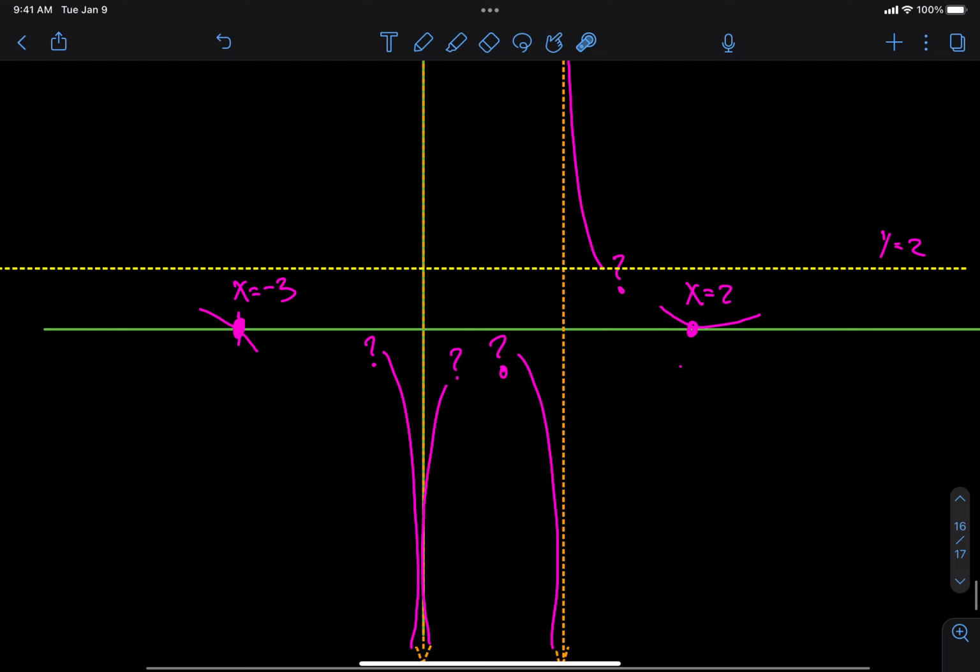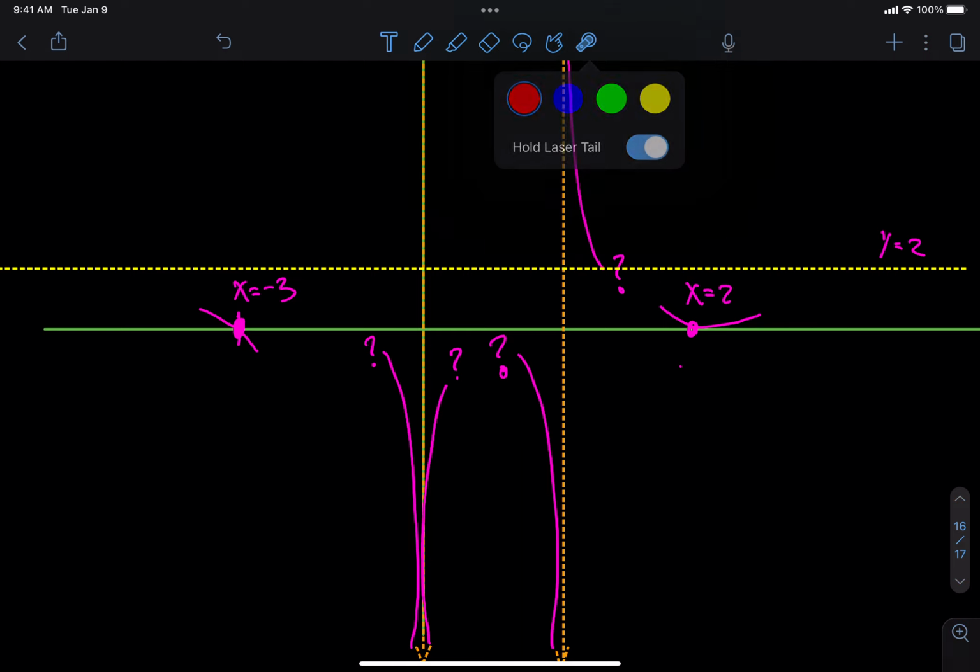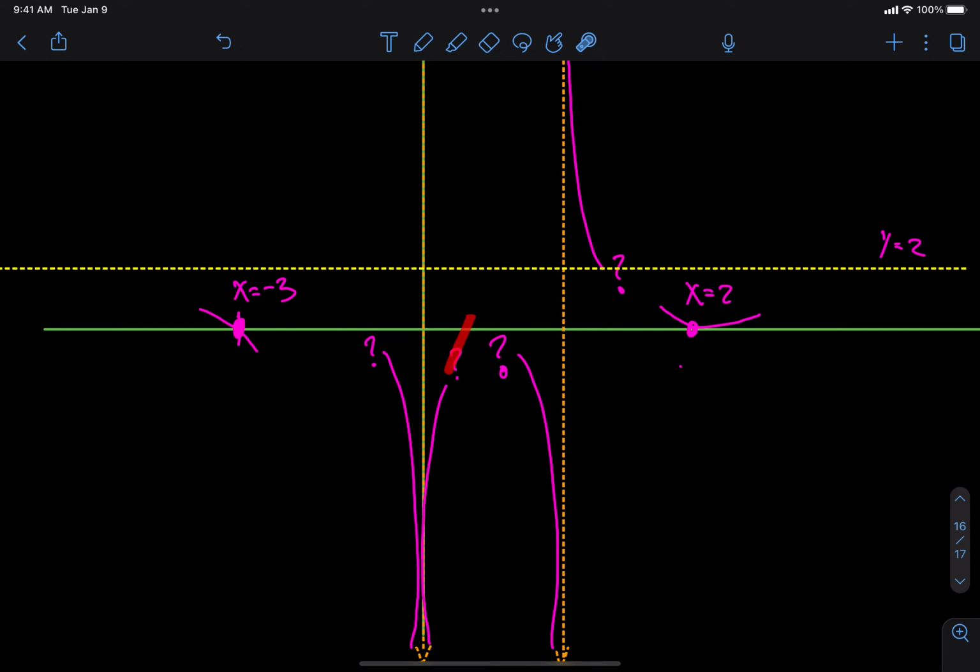We know where it crosses the x-axis. So in particular, it can't connect like so, because otherwise these two points would be zeros, but they're not. So I know it's going to stay underneath for its whole time here, which means I'm pretty confident in connecting it something like this. Okay, I'm pretty confident connecting it like that.